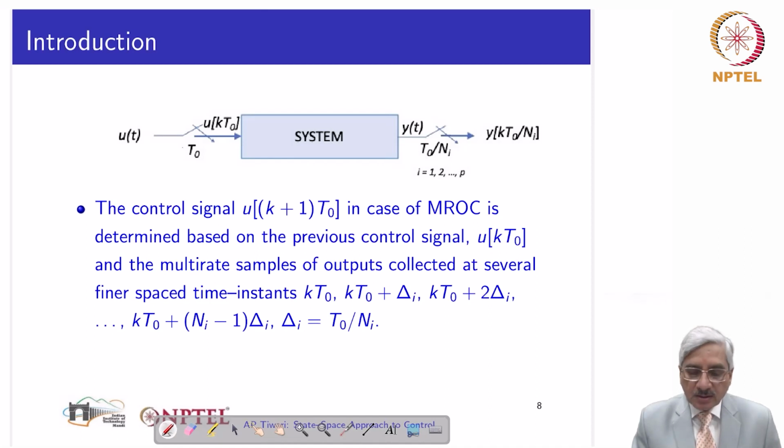So once the samples are collected in one sampling interval T0, then the control signal is computed on the basis of two components.